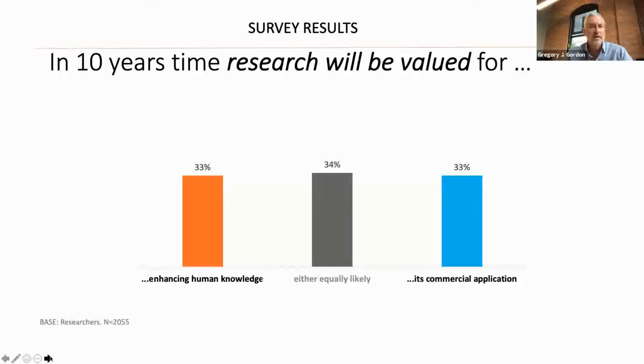Now, social science researchers were almost exactly the same, but slightly higher in enhancing human knowledge. So the social science and humanities researchers were at 35% enhancing human knowledge and 33% for commercial application. So pretty close to the same, but a slight nudge towards enhancing human knowledge.